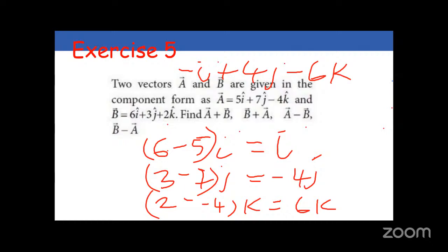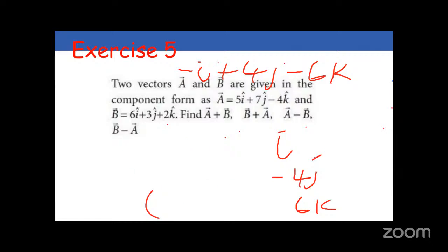So B minus A is equal to i minus 4j plus 6k.